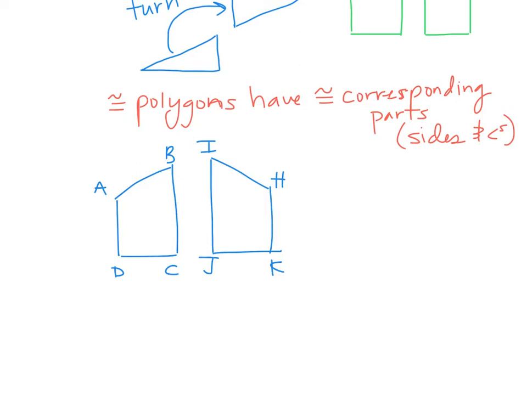So they'll say like ABCD is congruent to, and you have to match up the corresponding parts. Your orders have to be the same. So if I'm talking ABCD, what figure am I talking about on the right? HIJK.